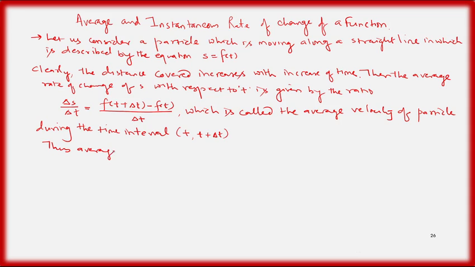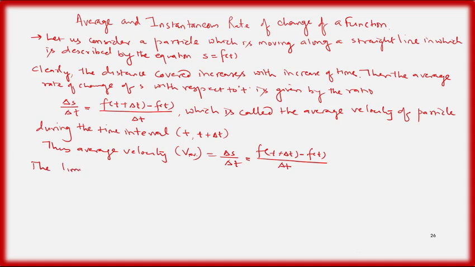Thus, average velocity equals delta S by delta t equal to f of t plus delta t minus f of t over delta t.